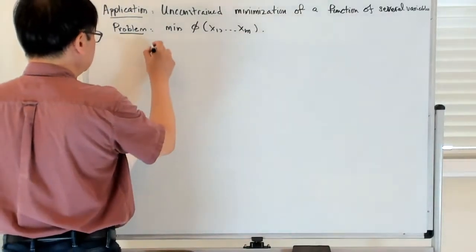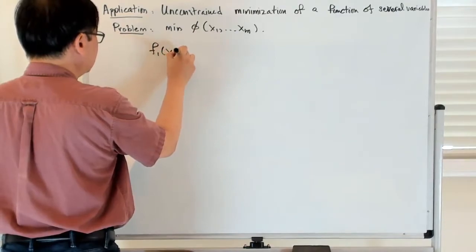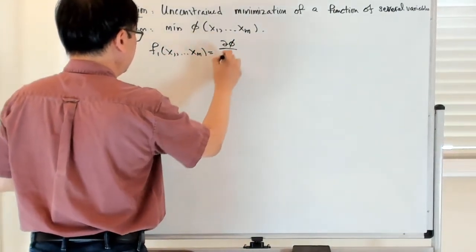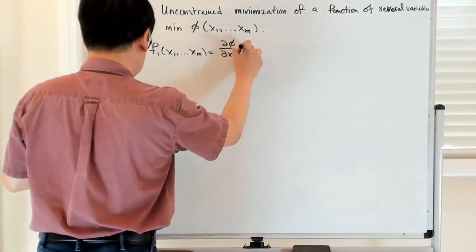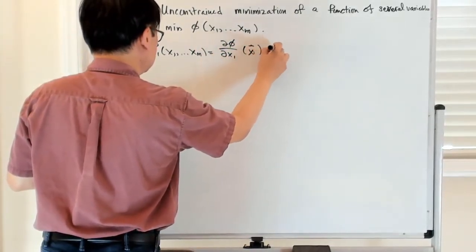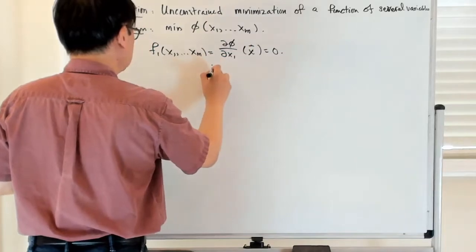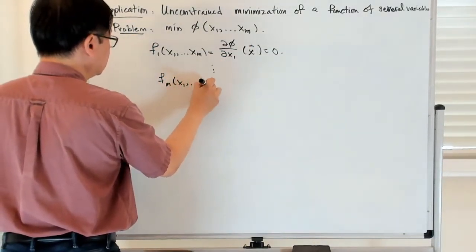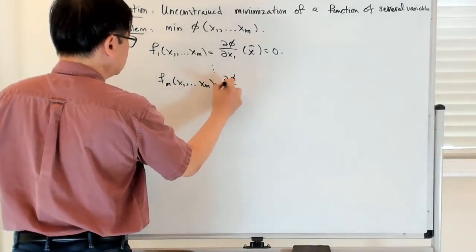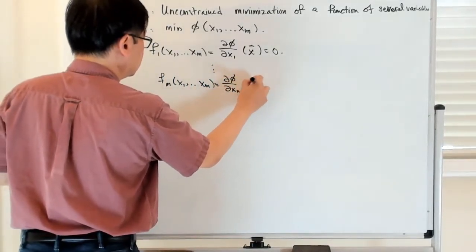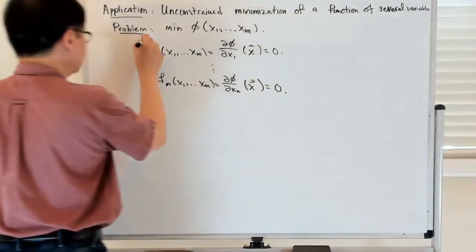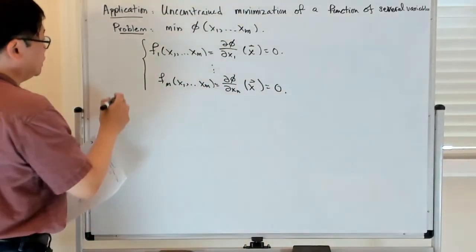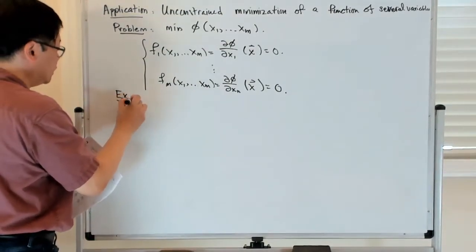So f1, which depends on x1 to xm, is just d phi dx1 of x equals 0. So I get a system of equations associated with that minimization problem. Let's look at an example of this.